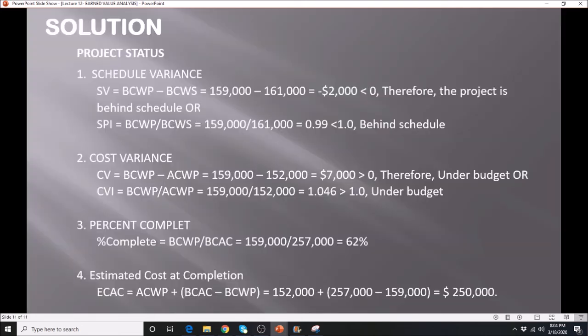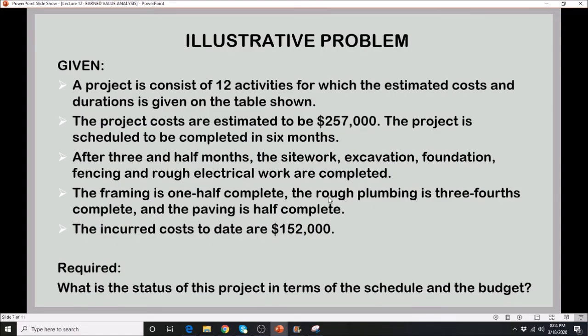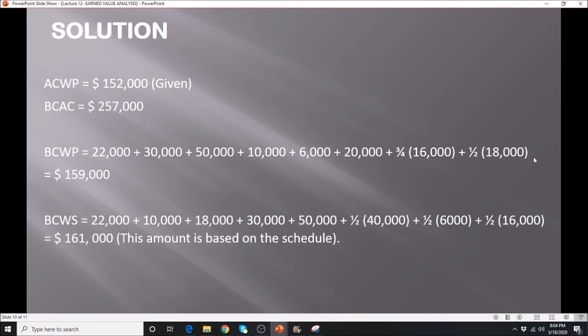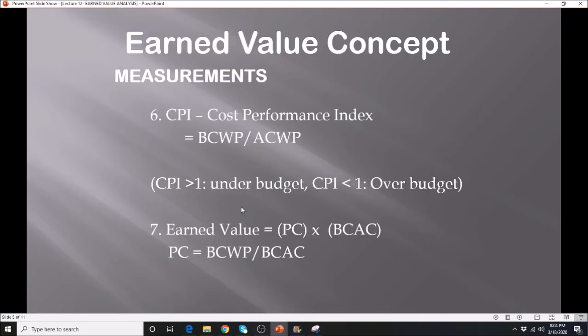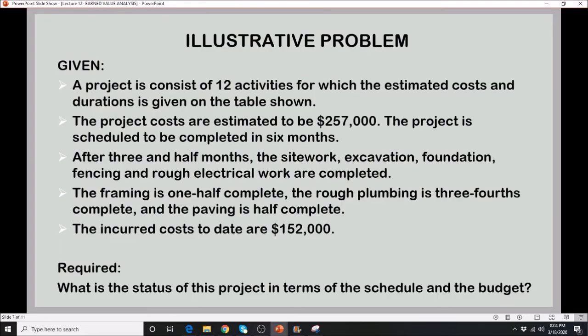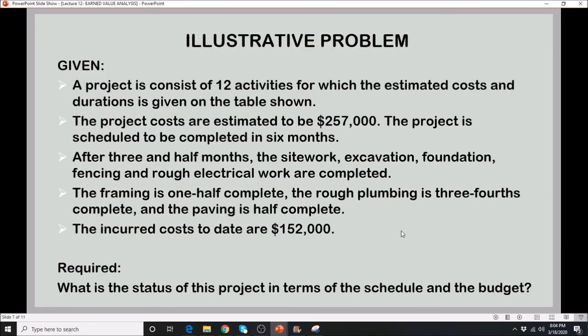Alright, let me see. I think I missed one of those. We have here half, 3/4, and the paving is also half. So I might have missed one of those values here. There should be another half value, which is half of your paving, on the paving here, where's your paving? 18,000, okay, and we also have here half complete for your framing.